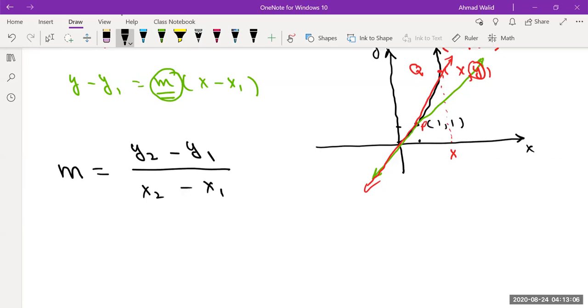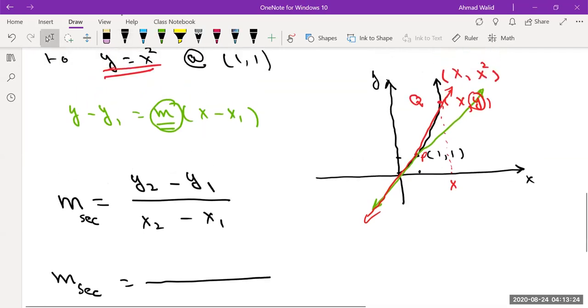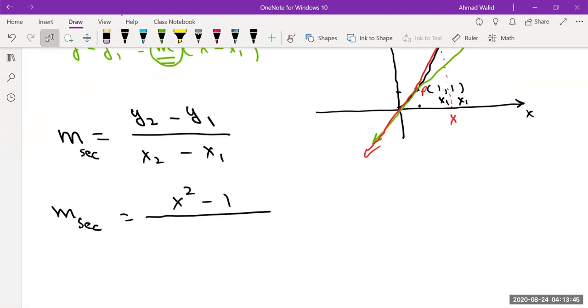Now I'll name the slope of the secant line m of secant, because first I want to find the slope of the secant line. Then the slope of the secant line equals y2 minus y1, which is x squared minus 1, over x2 minus x1, which is x minus 1.